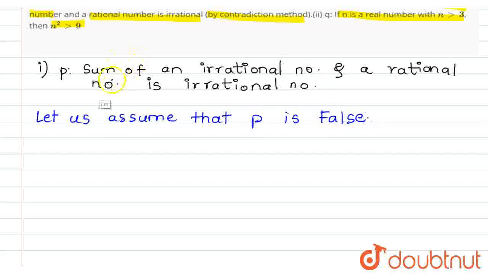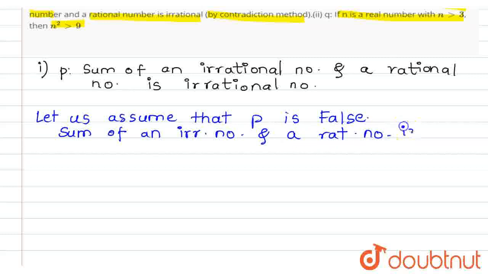So if it is false, what will the statement become? The statement will become: the sum of an irrational number and a rational number is a rational number. Yes, correct. If it is false, then this irrational will be changed with a rational number, correct?